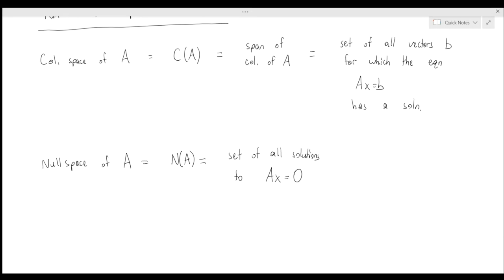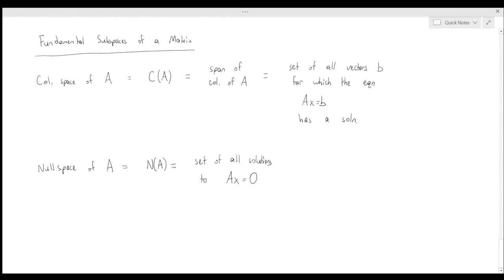So in addition to the column space and the null space of a matrix, there's also another one of the fundamental subspaces, the row space of A, which I think in this class you'll see denoted as R of A for the row space.